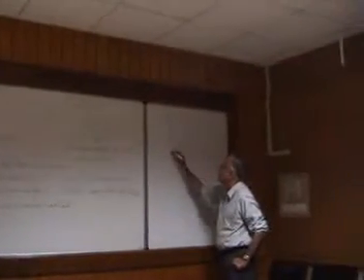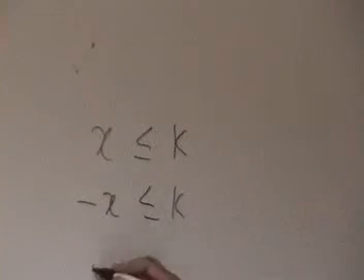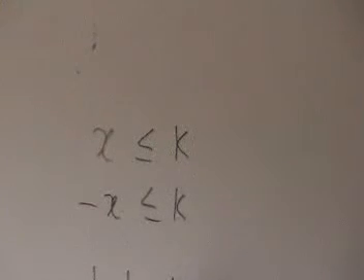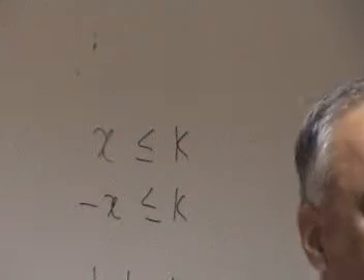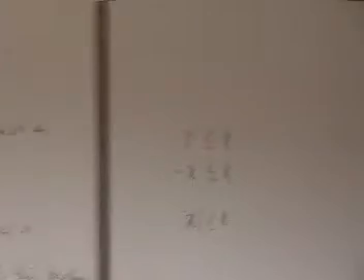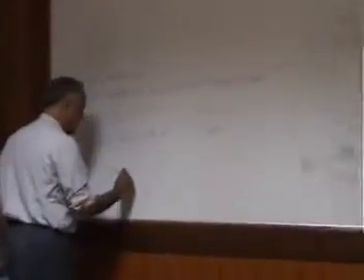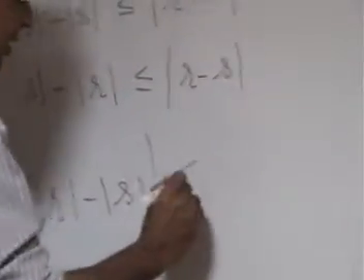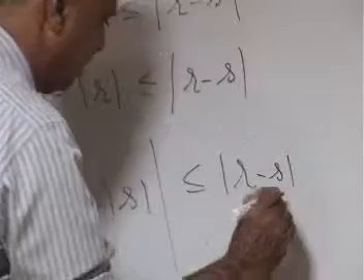The moral of the story is, if I have a real number x less than or equal to k, and minus x less than or equal to k, where k is some positive number, then the absolute value of x has to be less than or equal to k. That's all. So what we are going to say here is that the absolute value of this is less than or equal to the absolute value of this.